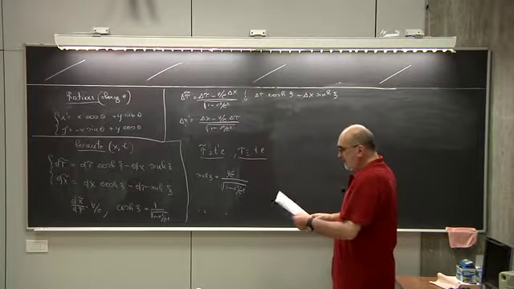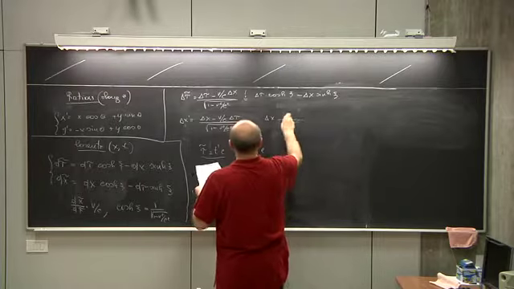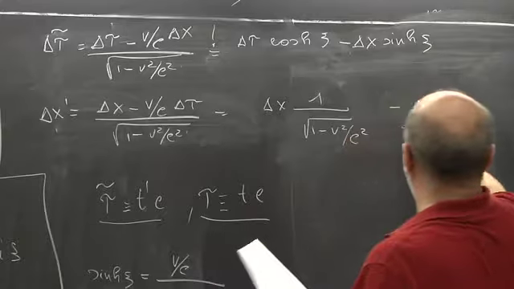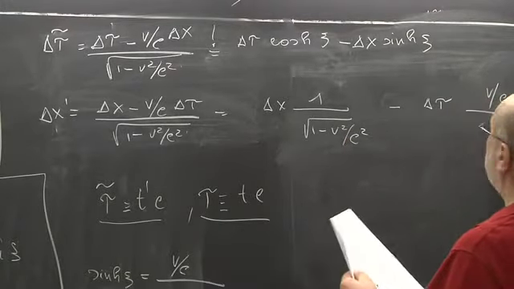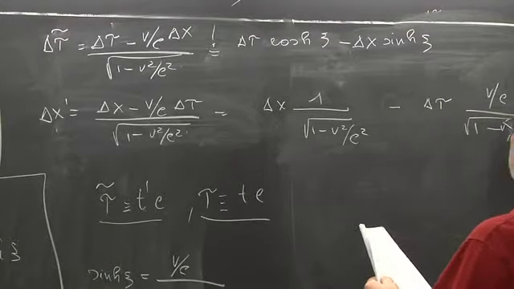Now let's see this one. This one is delta x times 1 minus v square over c square, minus delta tau v over c times 1 minus v square over c square.